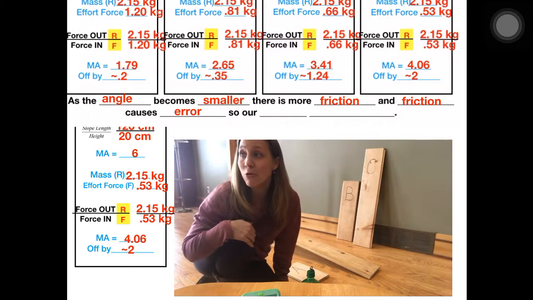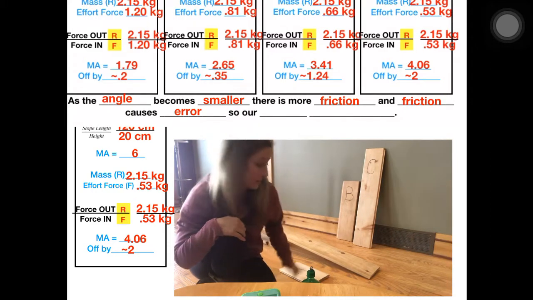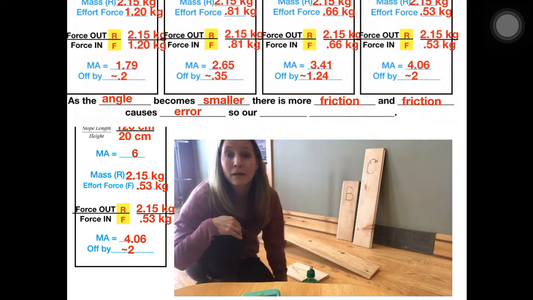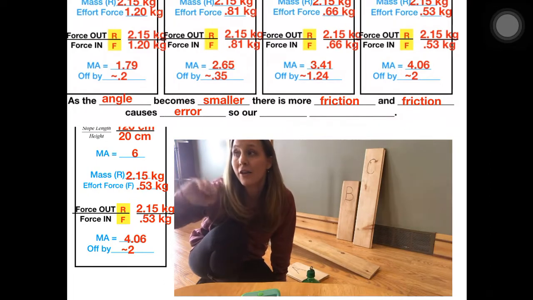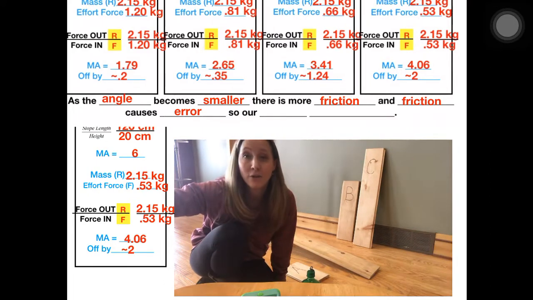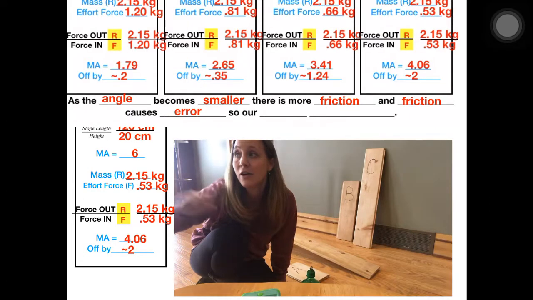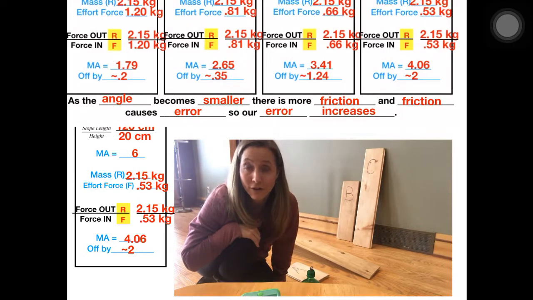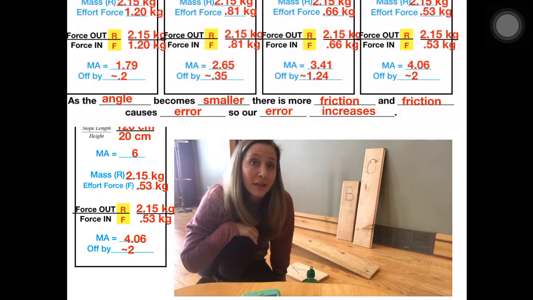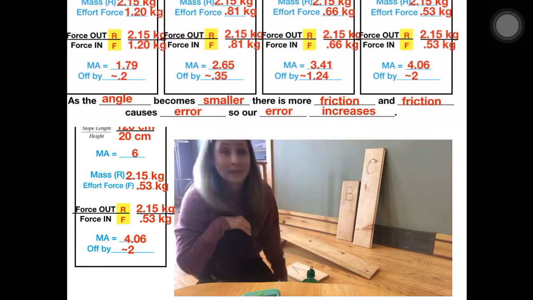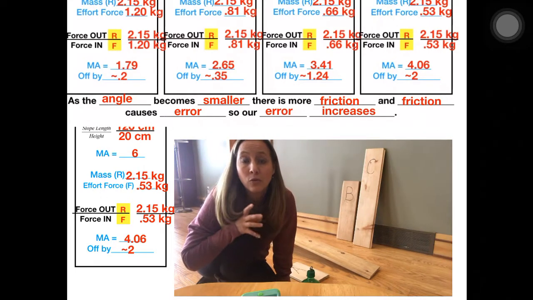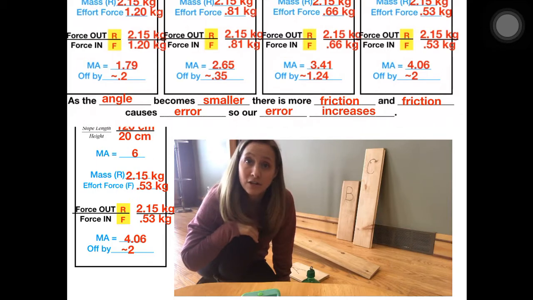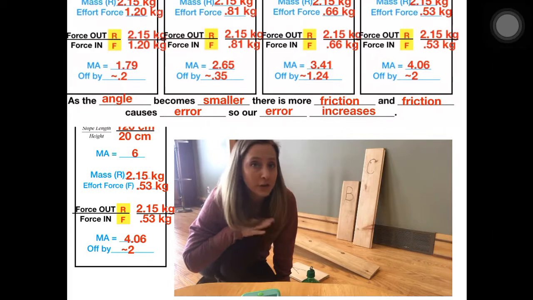So as the angle becomes smaller, there is more friction, and friction causes error. So our error increased. Okay? That's what happens in this experiment. And when you do the division with the slope length divided by the height, there is no friction involved there.